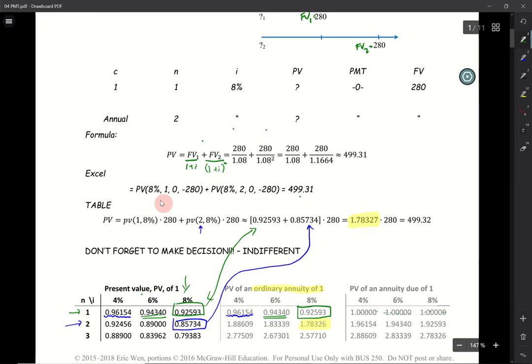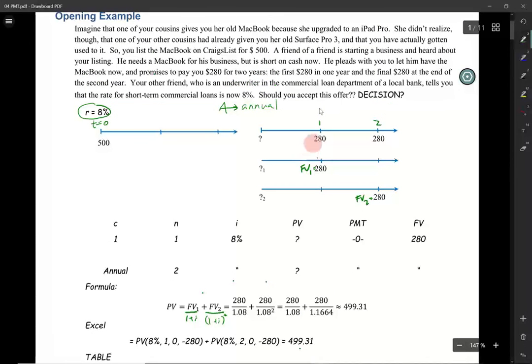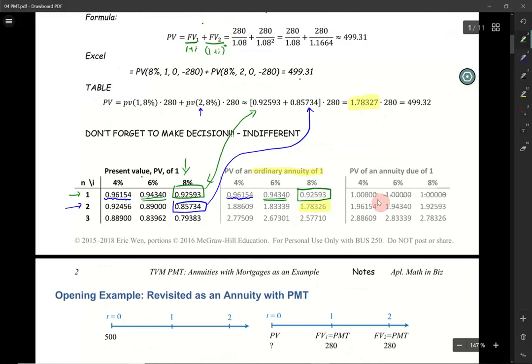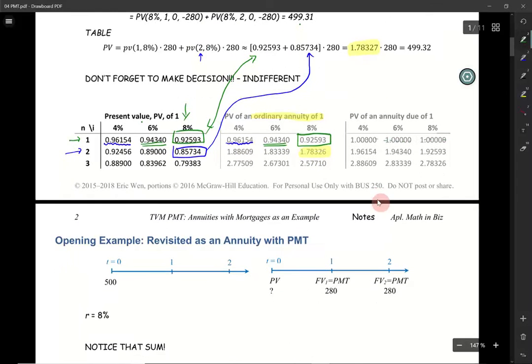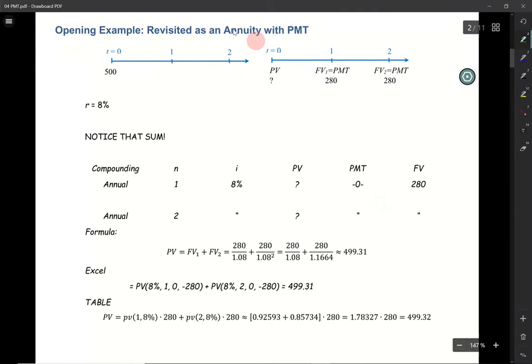Okay? So when we first looked at this problem, we looked at this as an individual cash flow, and then we also, right here, took that present value, and then we took that present value separately, right? So the other way to look at this problem is to spot it as an annuity.